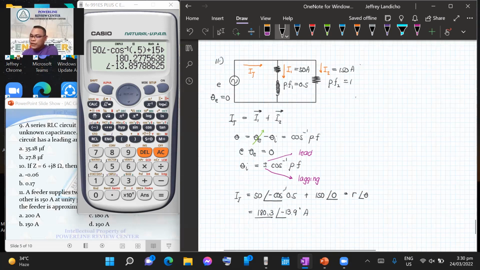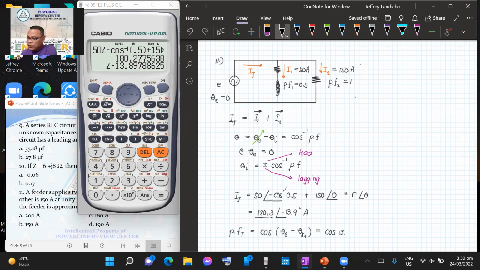So therefore, in case hanapin sa inyo yung overall power factor, the overall power factor of the circuit, so that should be cosine angle of your voltage minus the angle of your total current. So since angle of voltage at 0, so diretso ka na.